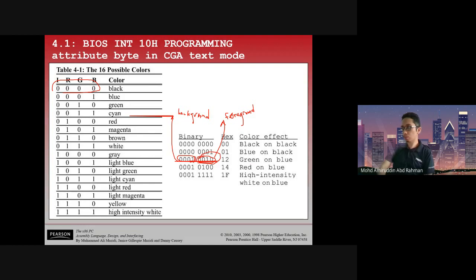This one is blue on black: the foreground is blue, the background is black. Then this is red, this is blue, and what is high intensity white on blue.